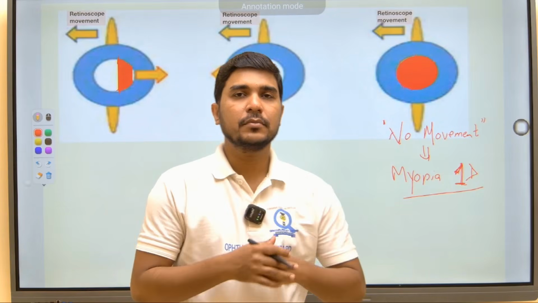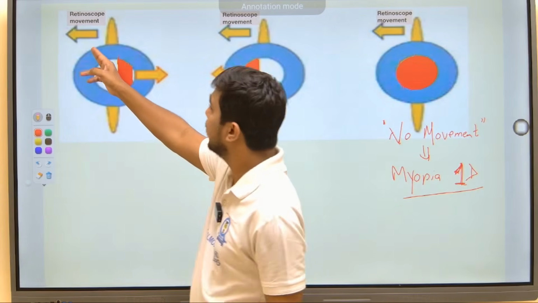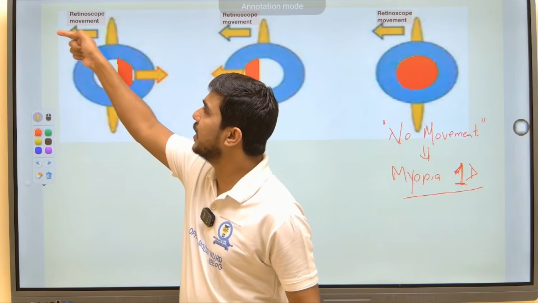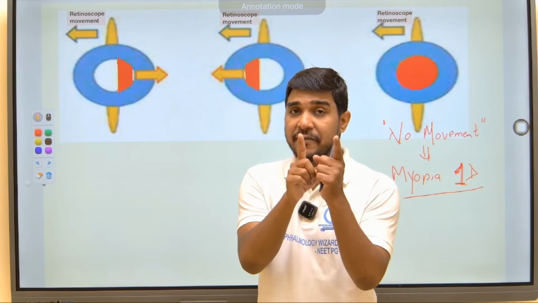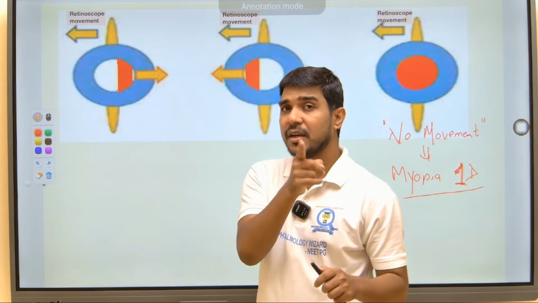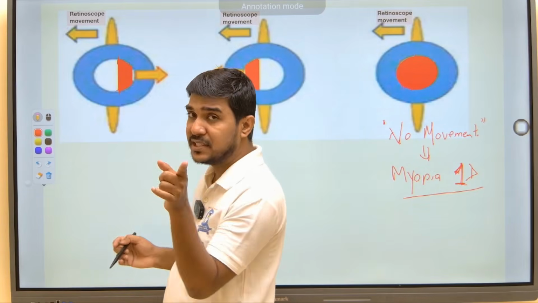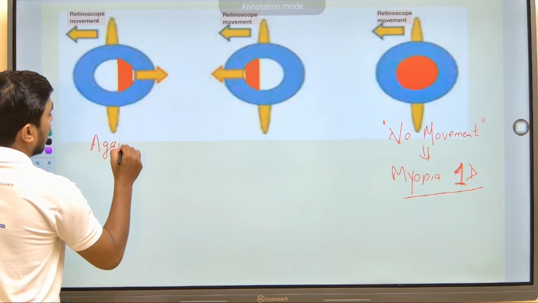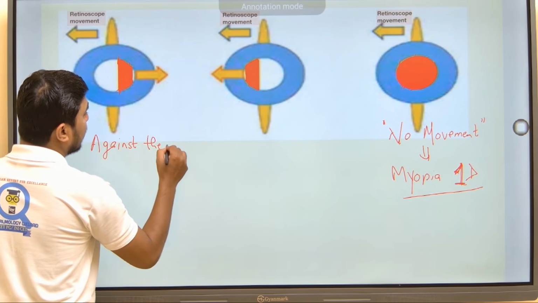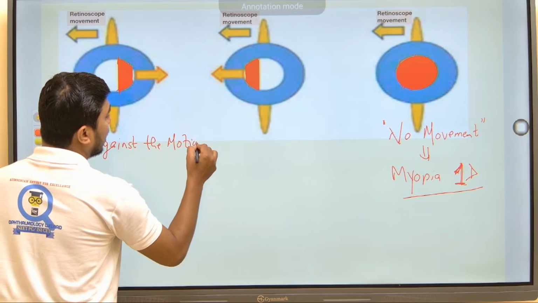Now, can you see here? The retinoscope is moving in this direction. The red reflex is moving in this direction. That means the red reflex is against the motion, right? So it is against the motion. Got it?